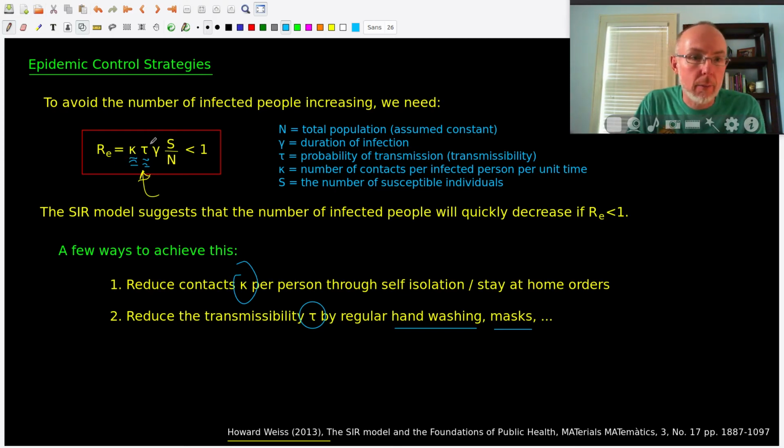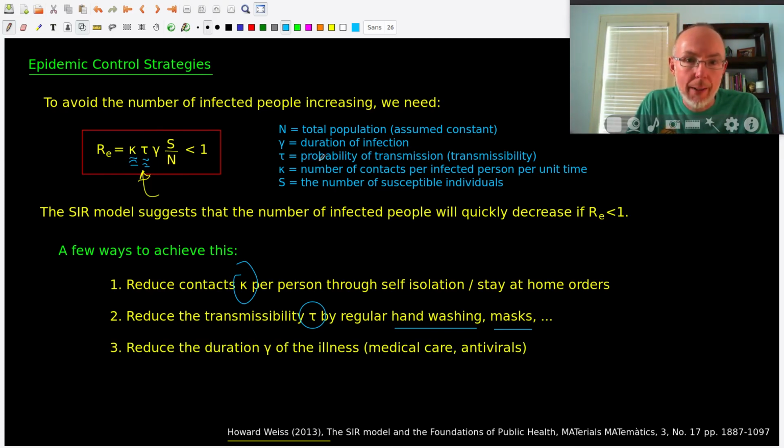The third case: we might try to reduce gamma. Gamma is the duration of the infection, right? So medical care, antivirals, that kind of thing might be able to reduce the length of your infectious period. Now, for COVID-19, it doesn't seem like we have a way to do that right now. I'm not sure antivirals are effective, and I don't have any expertise on that.